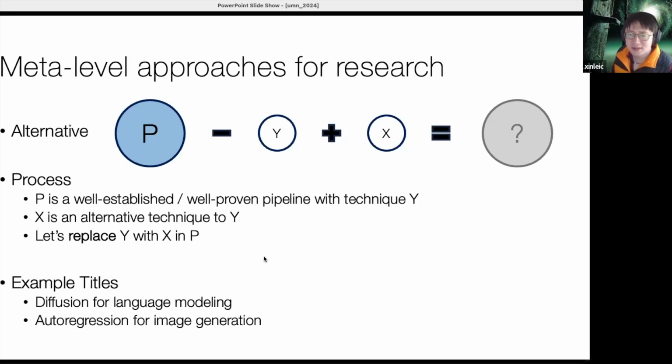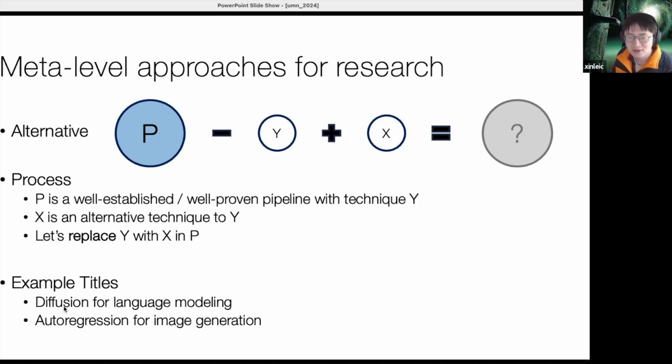And these days, if you check the titles for machine learning or for computer vision or even for NLP, just from the titles, you can tell some of the methods are just doing alternative research.